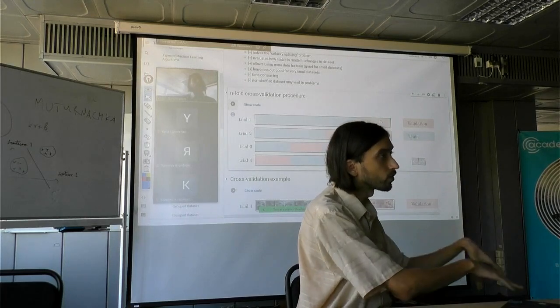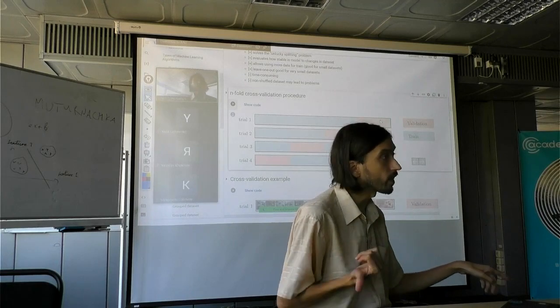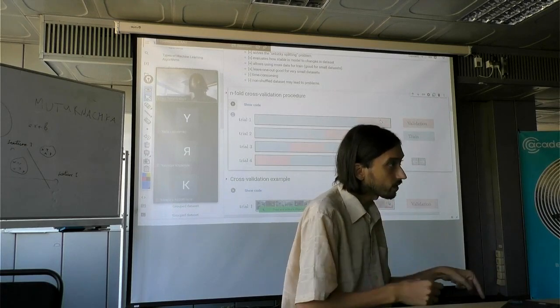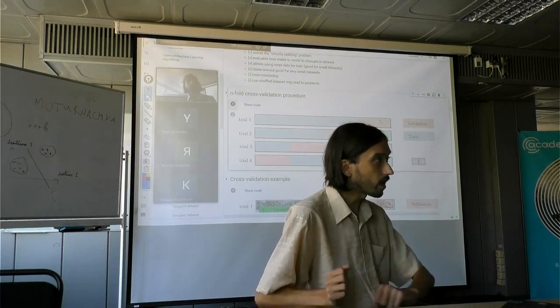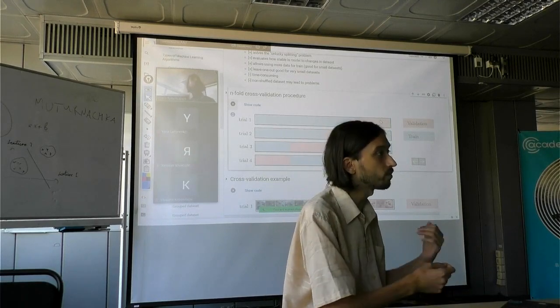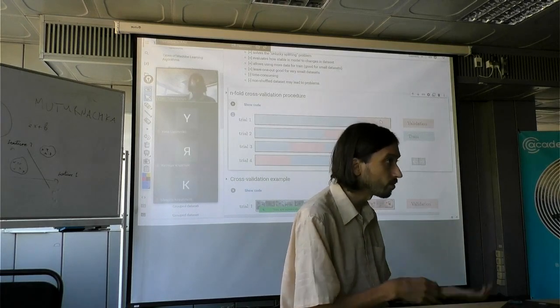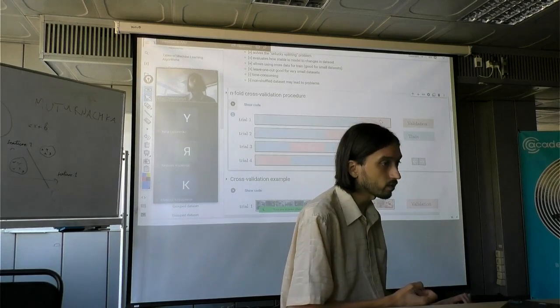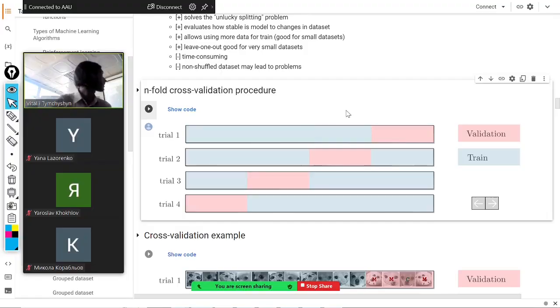And I use that folder train to train my model. I don't show it any of the pictures from validate. Then, when it's trained, I take those 25 pictures from validate, I put them into the model, and I look at how well it performs. For example, they were labeled somehow in my data set. And this is the first step, as you see here.